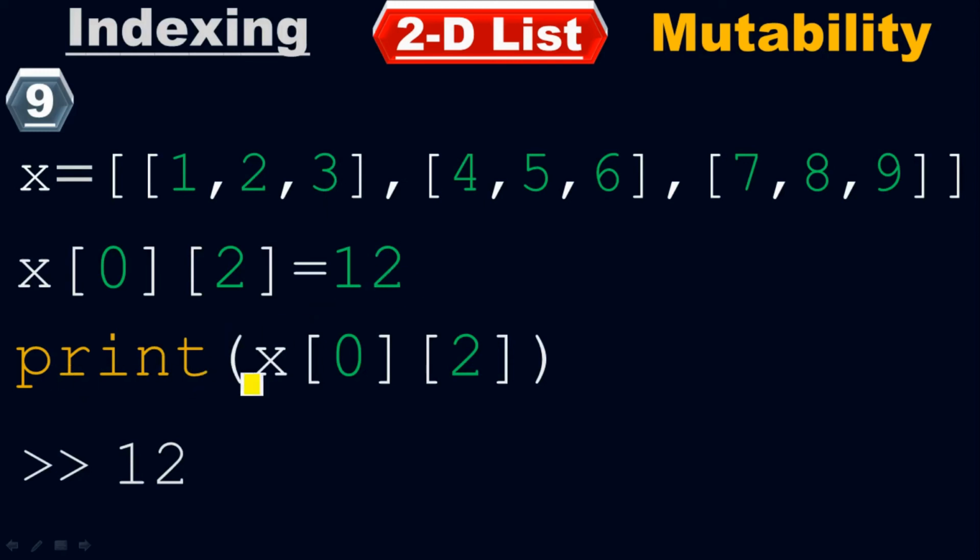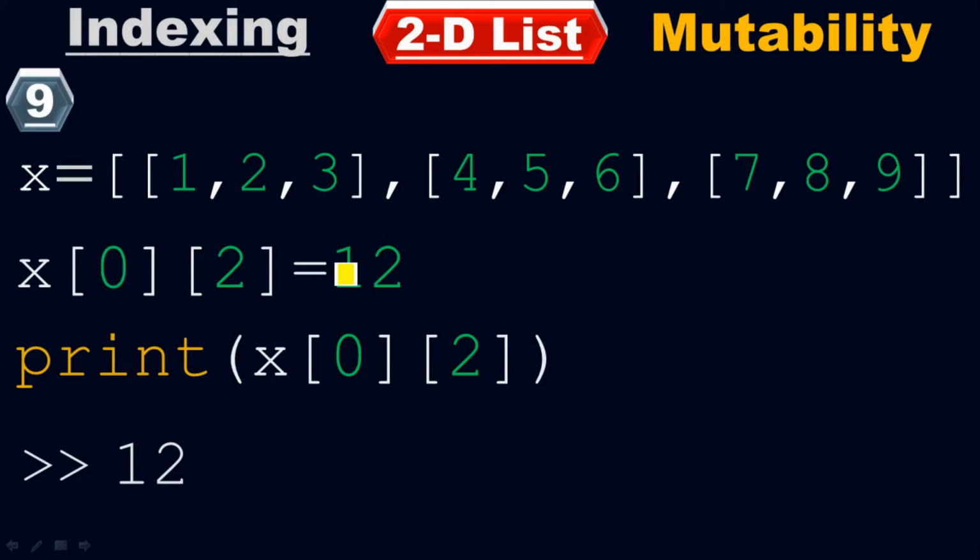So when I take the print of x of 0 of 2, I will get 12 in the output, because remember, now this 3 is no more 3 here. We already replaced the 3 at index 2 by 12. Therefore, it returns 12 because I have changed it here.